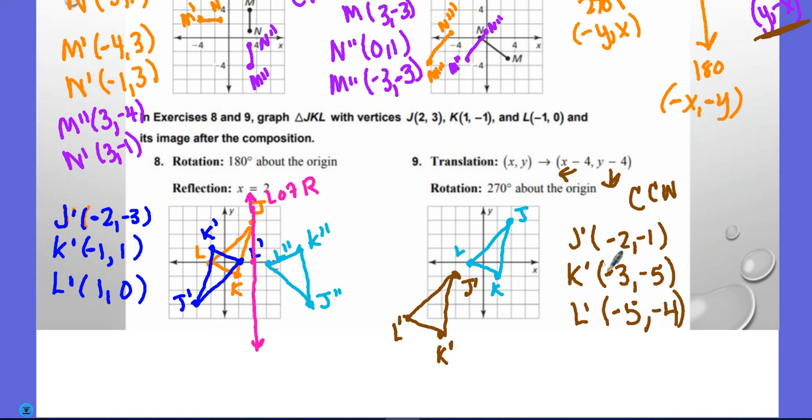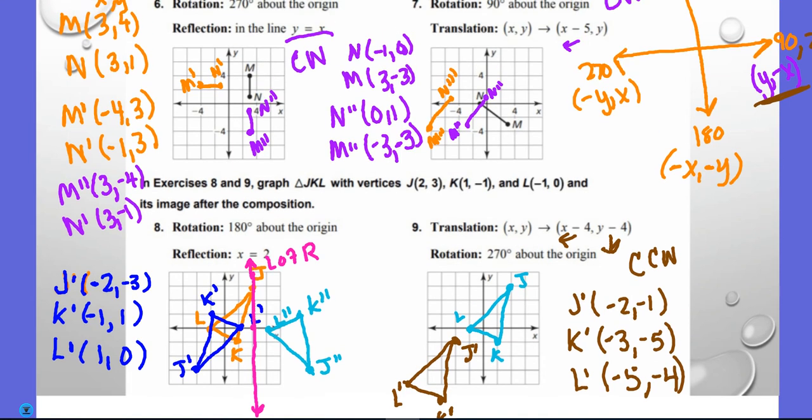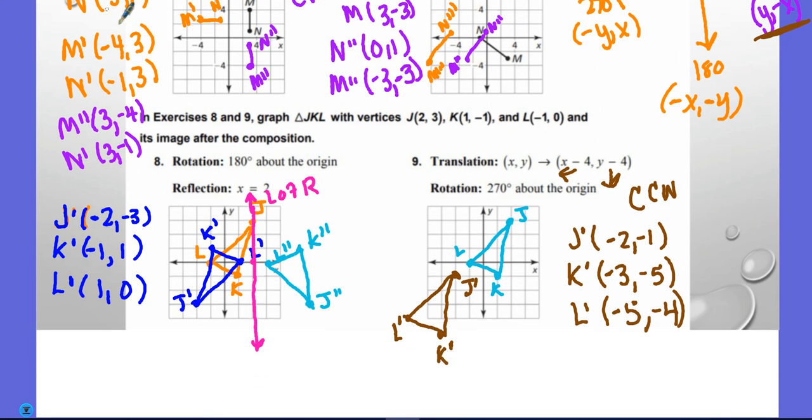And now all I have to do is what the rule says up here. If I'm going 270 degrees counterclockwise, it tells me to switch x and y and make the x negative. So J double prime would be switch x and y. This is x and this is y. And take the opposite of x. So it'll be 1 and 2 for J double prime.